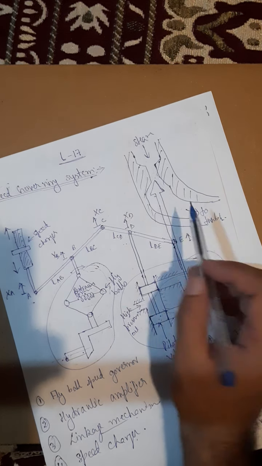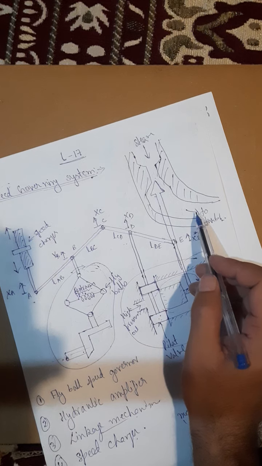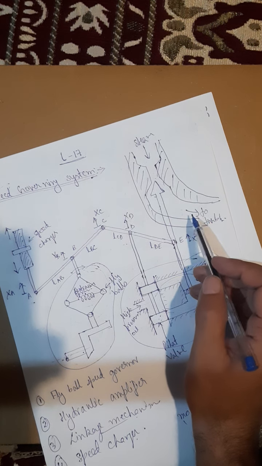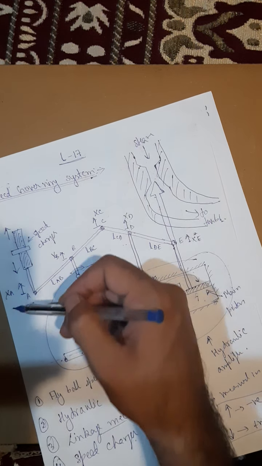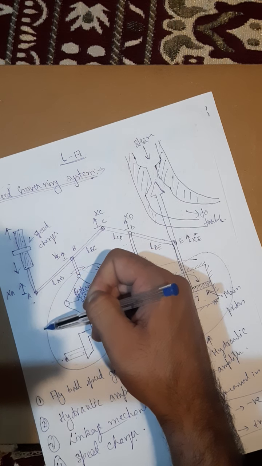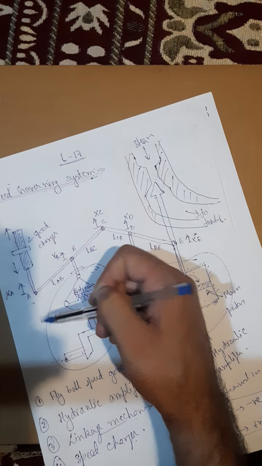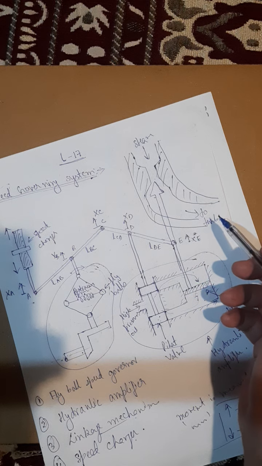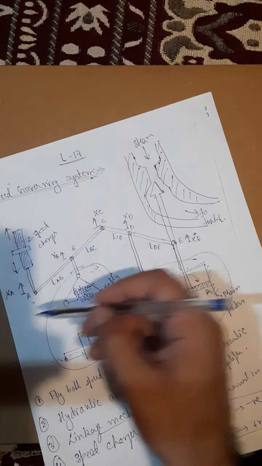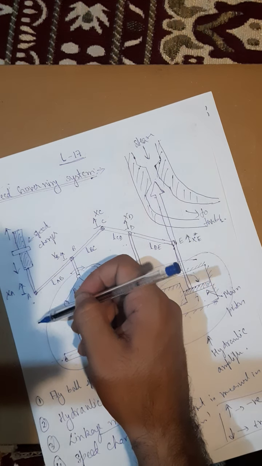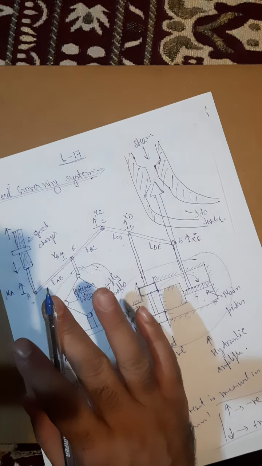Turbine power will increase. So for increasing the turbine power by delta PC with the help of the speed changer, I have to move point A downwards by delta XA.